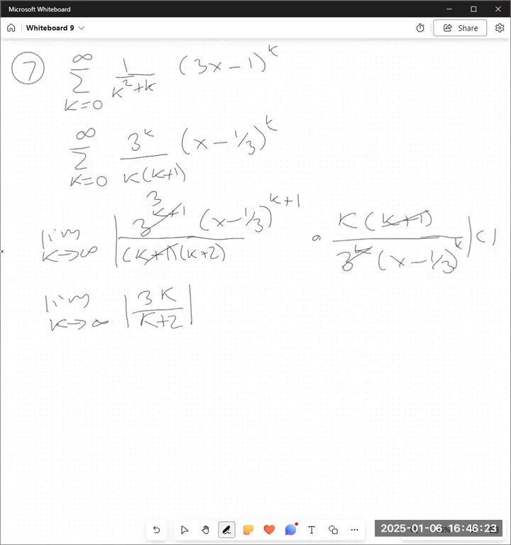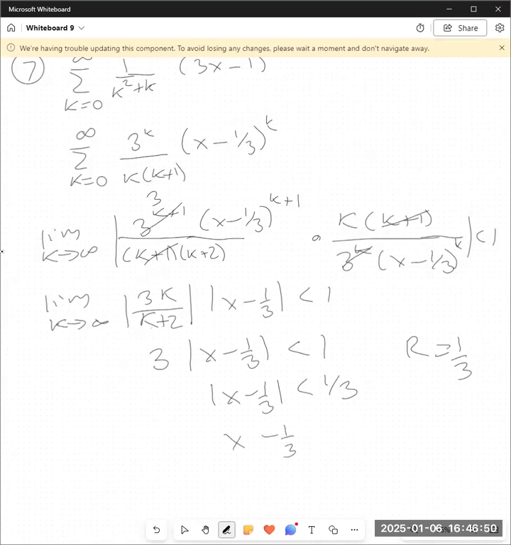And then I have absolute value of x minus 1/3 less than 1. So this becomes 3 times the absolute value of x minus 1/3 less than 1. Absolute value of x minus 1/3 is less than 1/3. So r is 1/3.